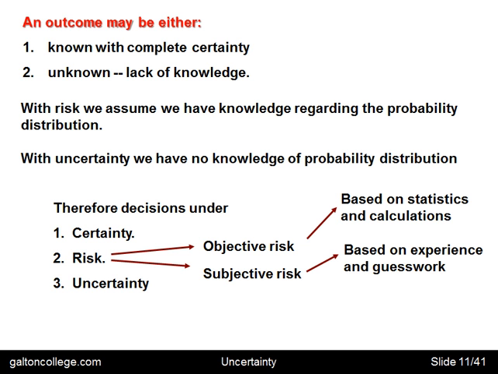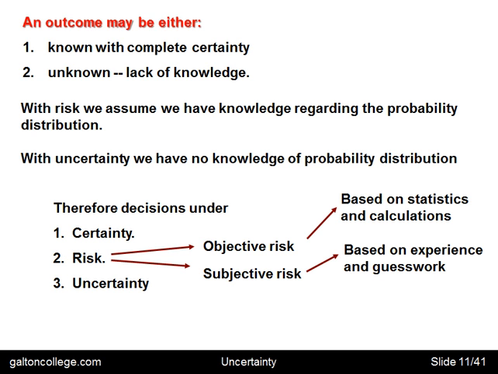Now there is a second type, which is subjective risk. And this one is really based on experience and guesswork. It's based on what we believe to be the case. I could ask you, will it rain tomorrow? Well, you may go for the weather forecast and you may look at meteorological data online and eventually come back with an answer and say, yes, it'll rain tomorrow.